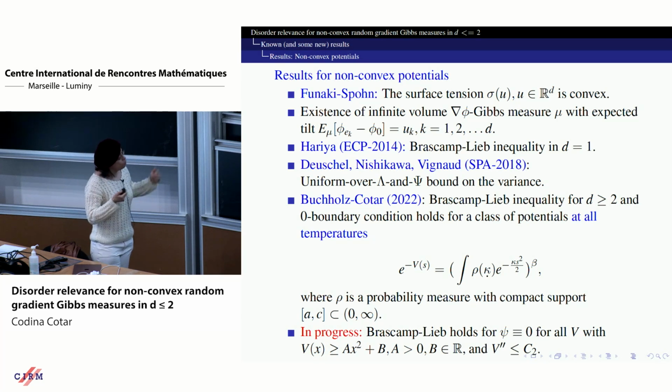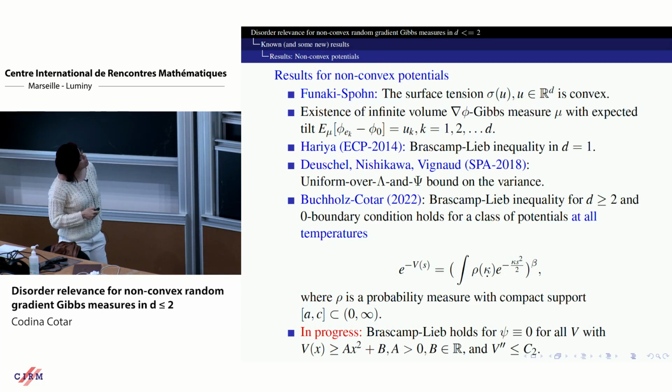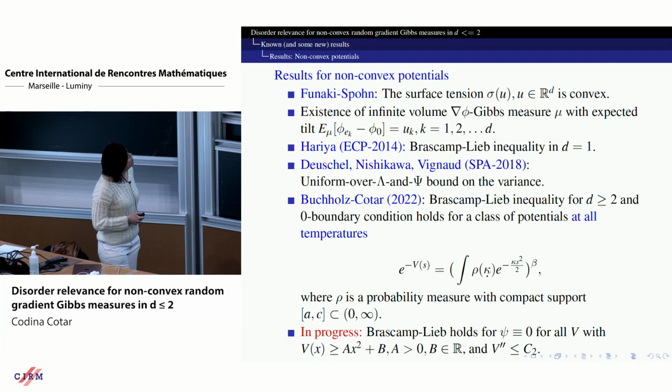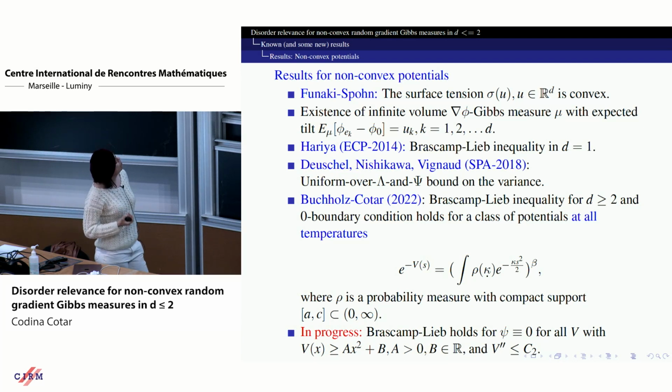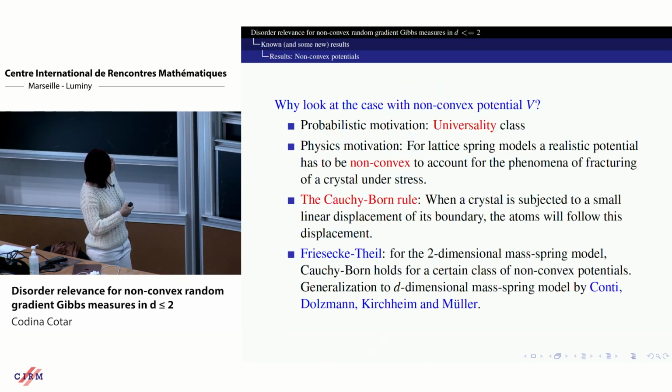Then we may want to know what kind of tools from the strictly convex case we can adapt. There's a paper by Hariya in 2014 where he derived a Brascamp-Lieb inequality in dimension 1. Then there was a paper in 2018 where they looked at the variance under the gradient Gibbs measure in the non-convex case, under quite general assumptions that I listed.